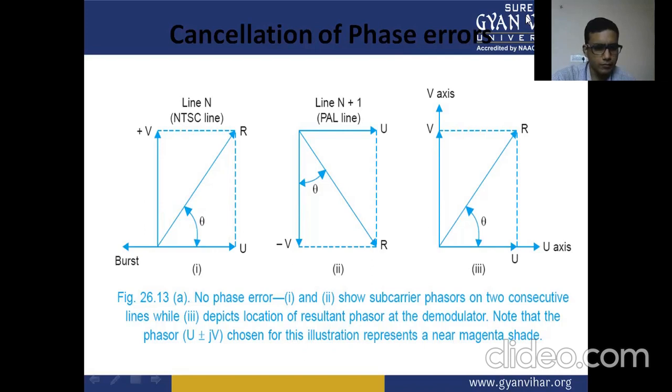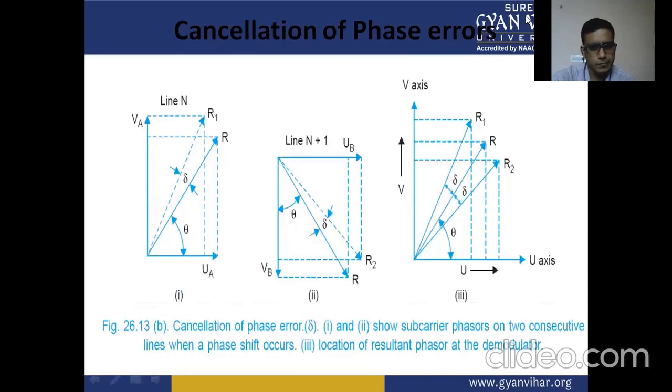Note that the phasor U plus JV chosen for this illustration represents near magenta shades. This is figure B, cancellation of the phase errors.